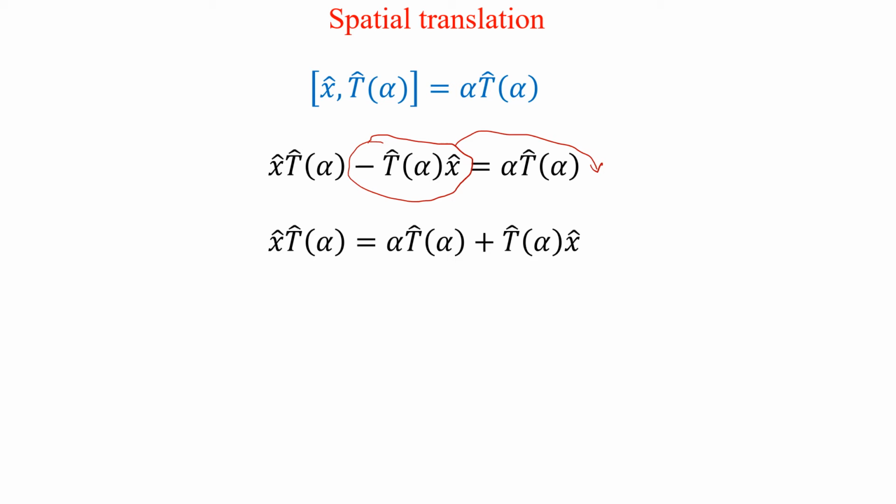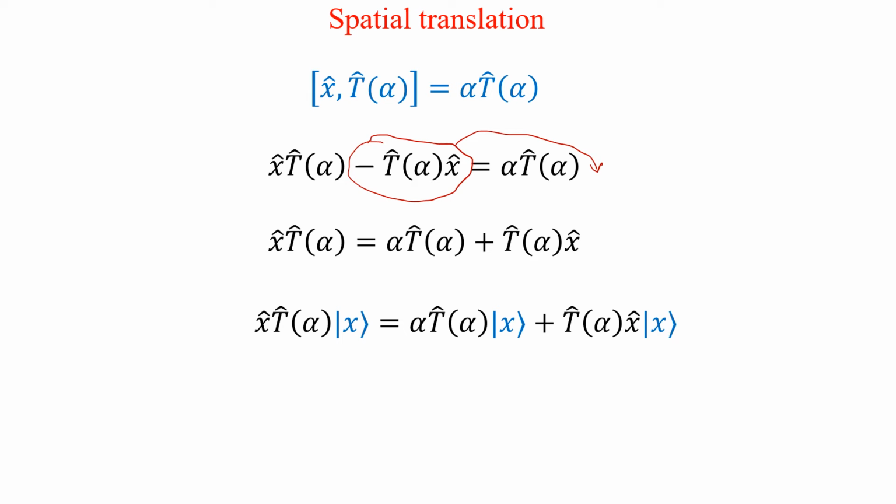Now what we are going to do is let this operator act on the ket |x⟩ on both sides. That is, x T(α) acting on |x⟩ is equal to α T acting on |x⟩. Similarly, T(α) x acting on |x⟩.